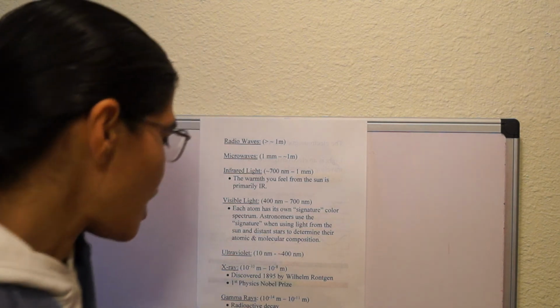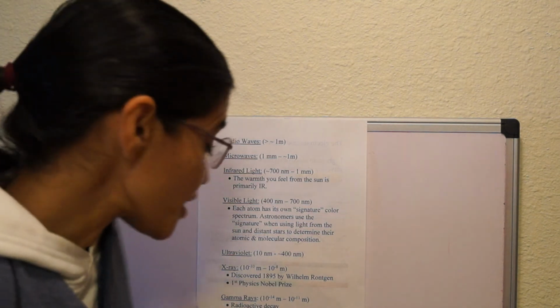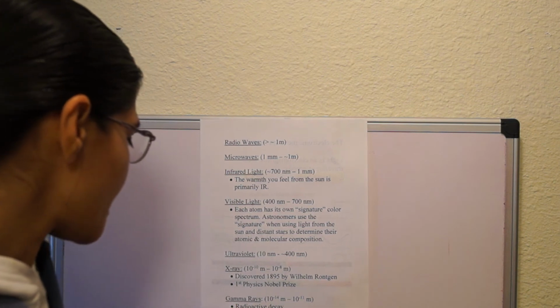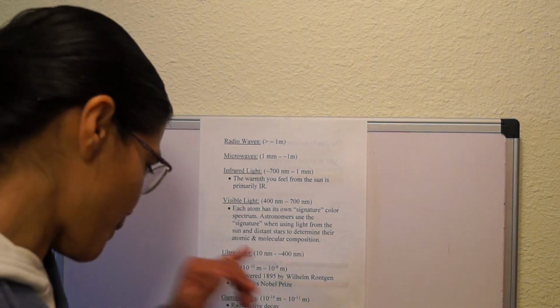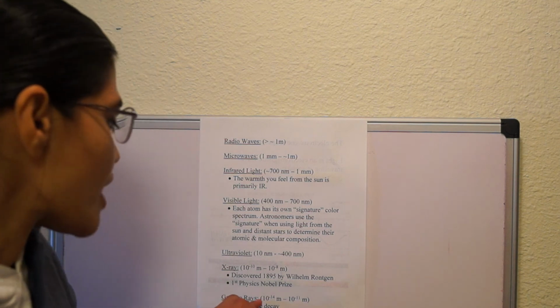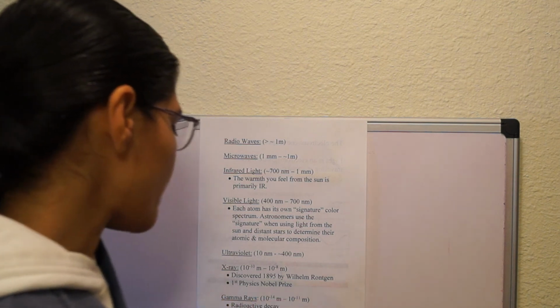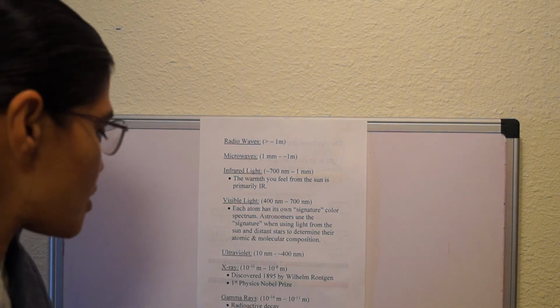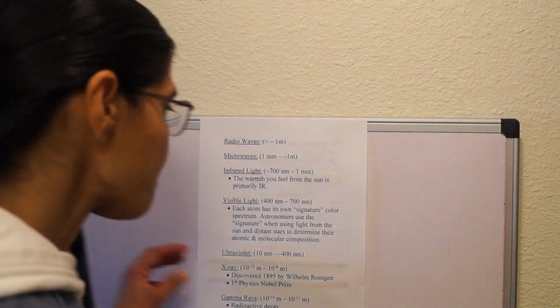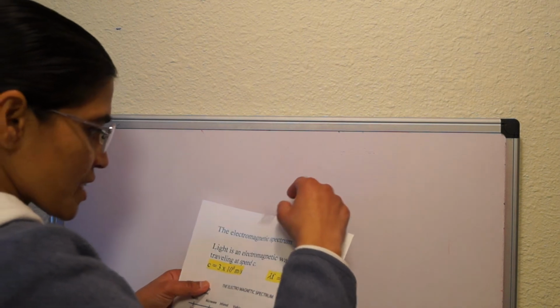He was the first Nobel Prize winner for physics, not the whole Nobel Prize, for physics. Gamma ray wavelength lies between 10 to the power minus 14 meters and 10 to the power minus 11 meters, and gamma rays are used in radioactive decay. So that is the summary of the electromagnetic spectrum.